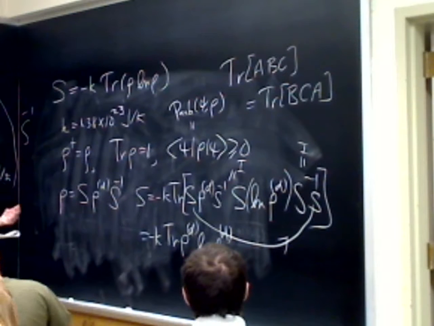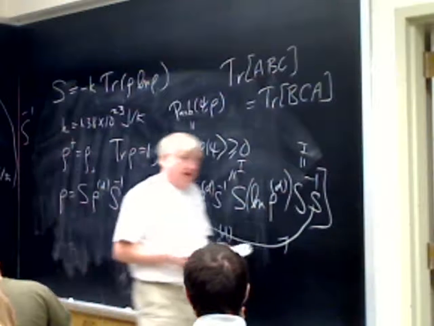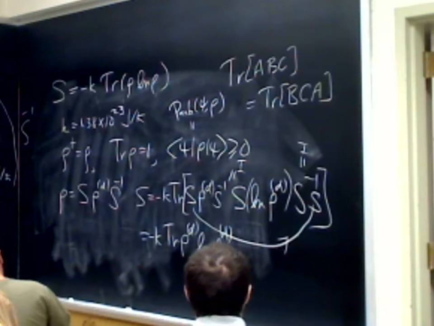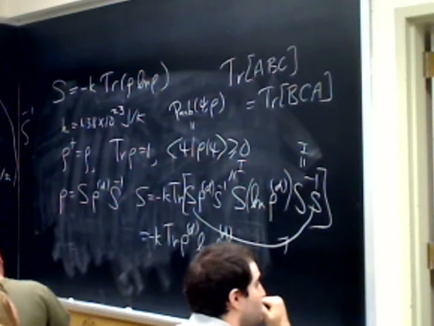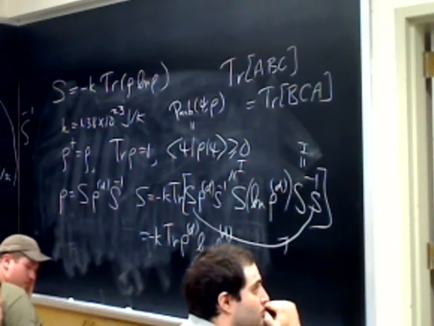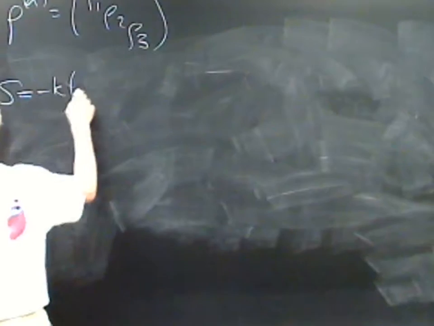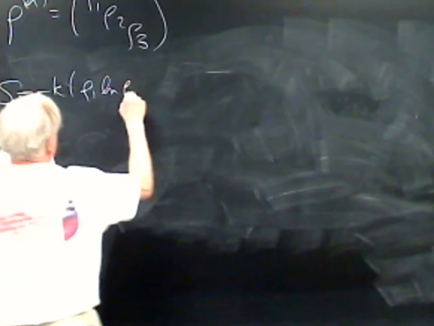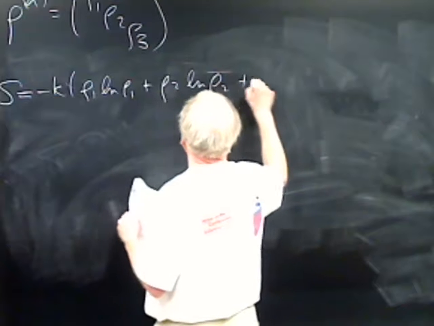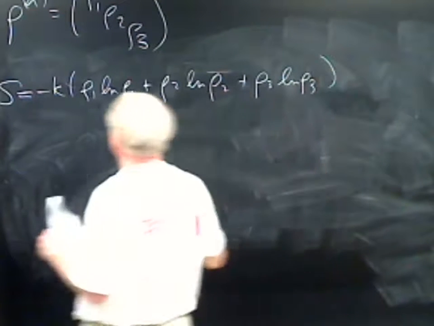In particular, if we imagine a special case in which the density operator of the system has only 3 states, then rho diagonal might be rho 1, rho 2, rho 3, and S would be minus k times rho 1 log rho 1 plus rho 2 log rho 2 plus rho 3 log rho 3.